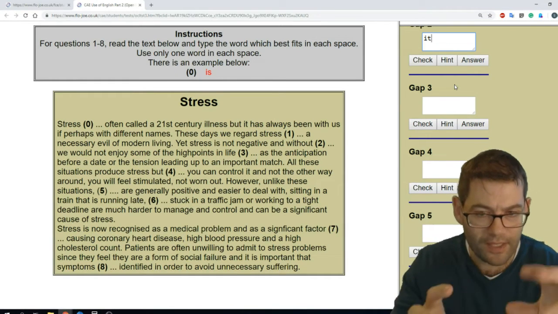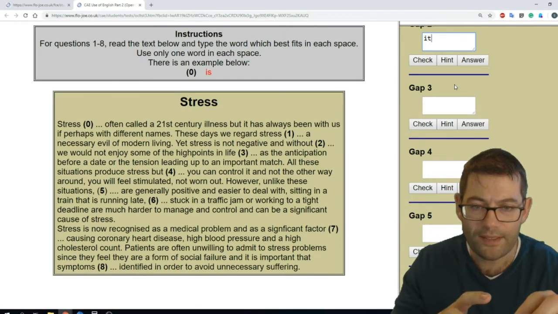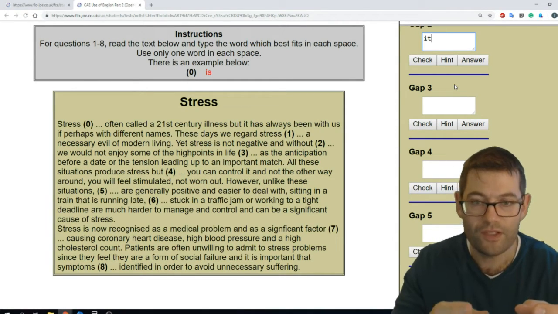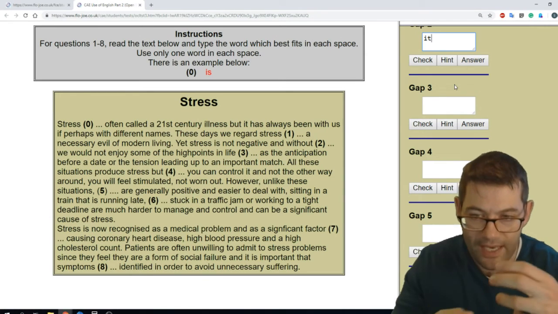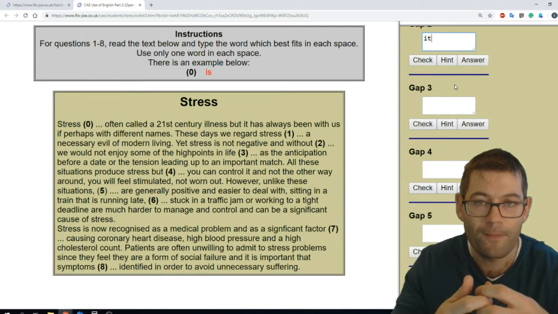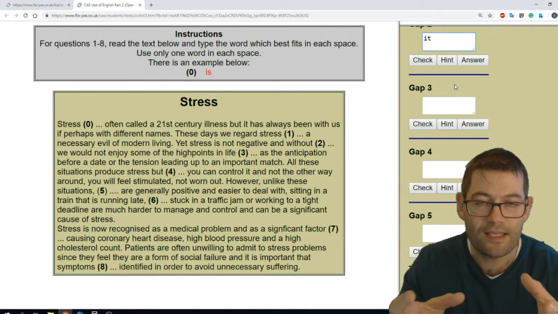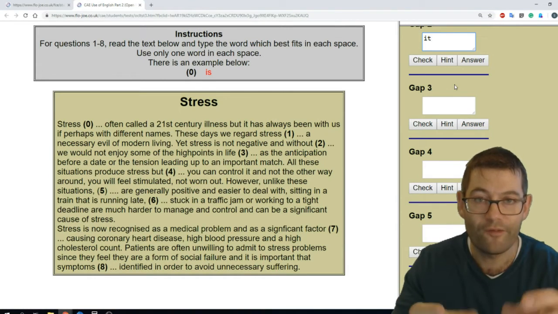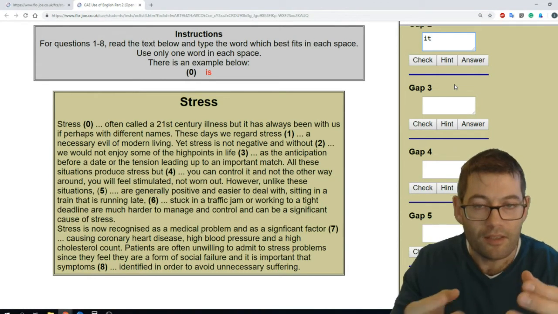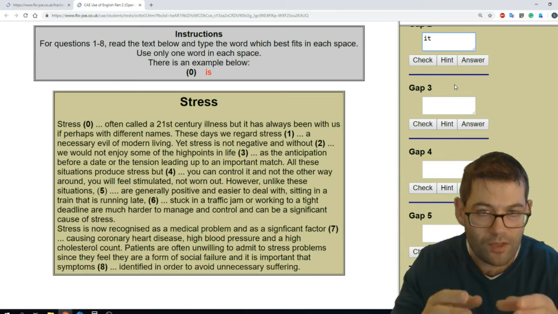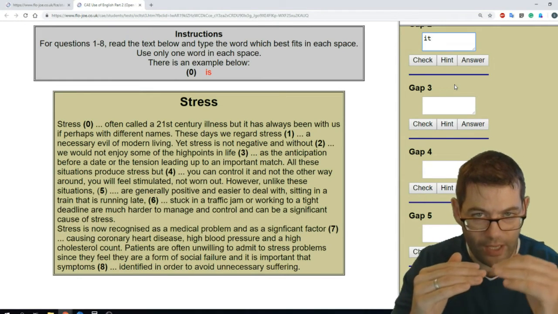And now, after the gap for number 3, what we get are examples of the high points in life. So the anticipation before a date or the tension leading up to an important match. So what we need here is an expression which means the same as for example, given the structure that we've got. So we've got a gap before as.